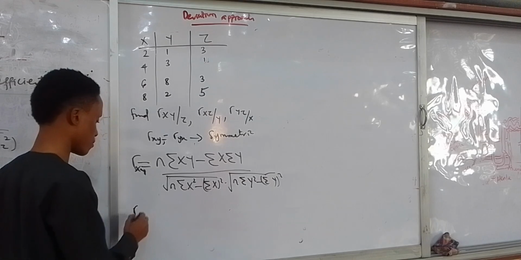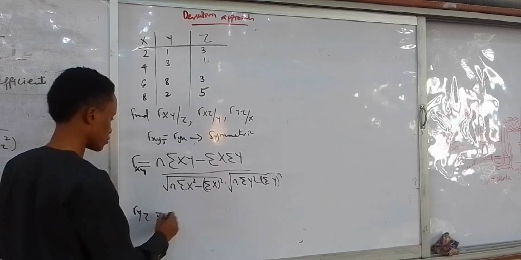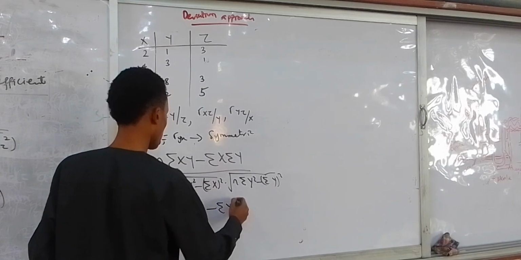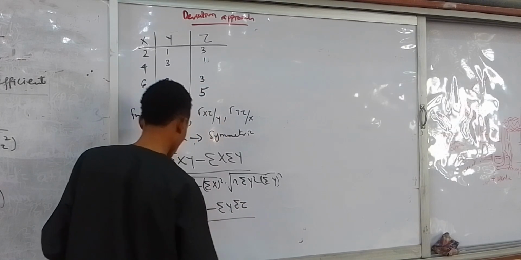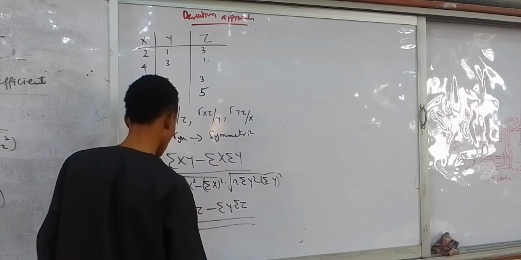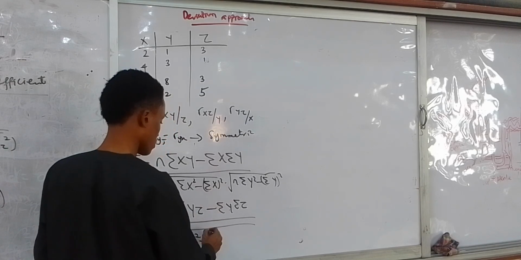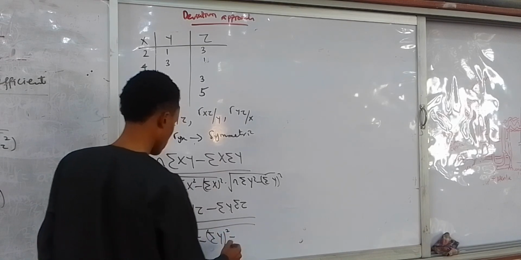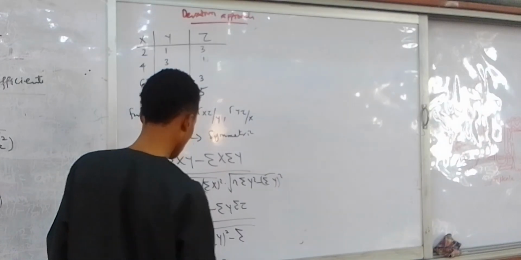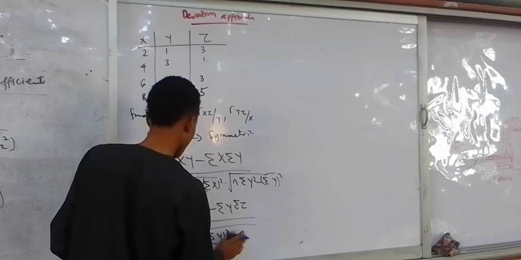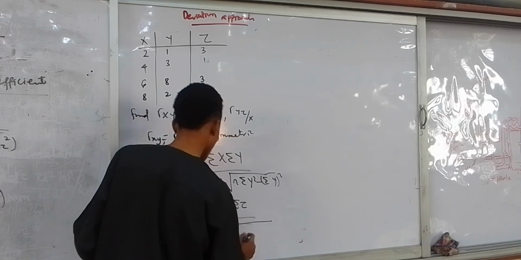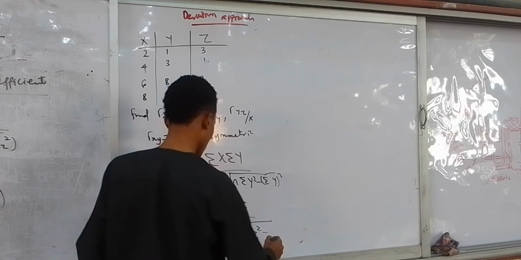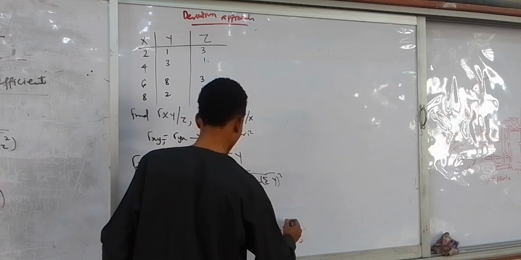The same thing for ryz: n summation yz minus summation y summation z, over the square root of n summation y squared minus summation y whole squared, multiplied by n summation z squared minus summation z all raised to 2.